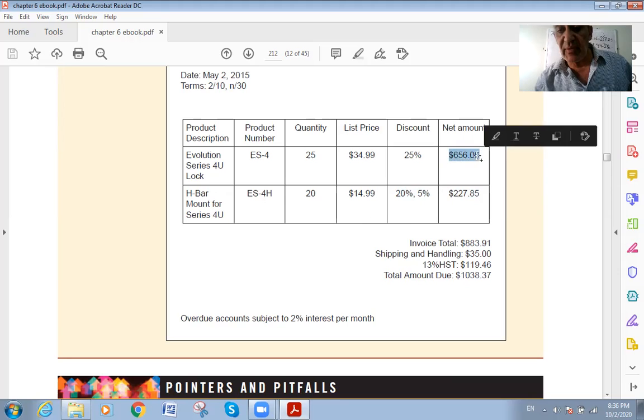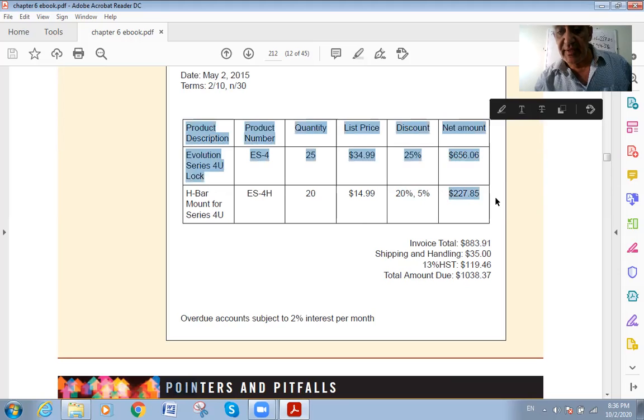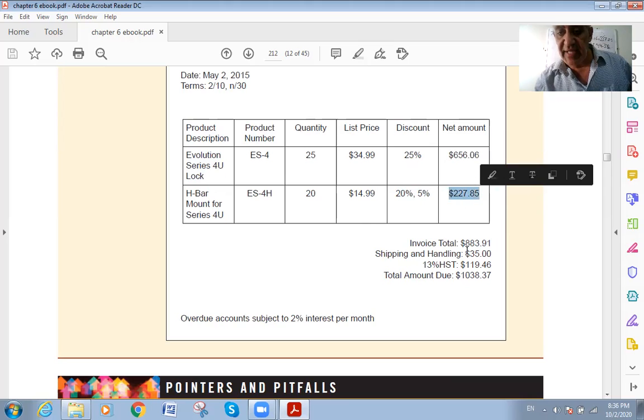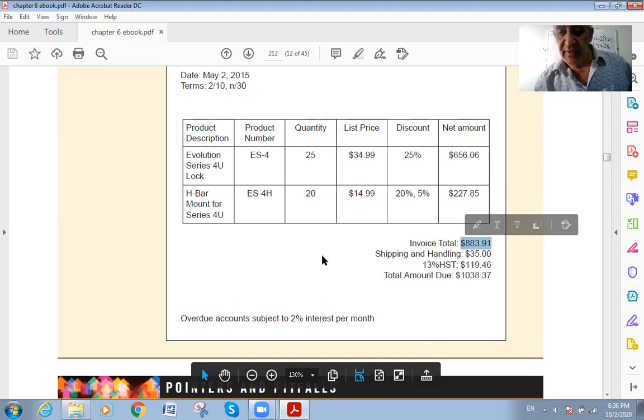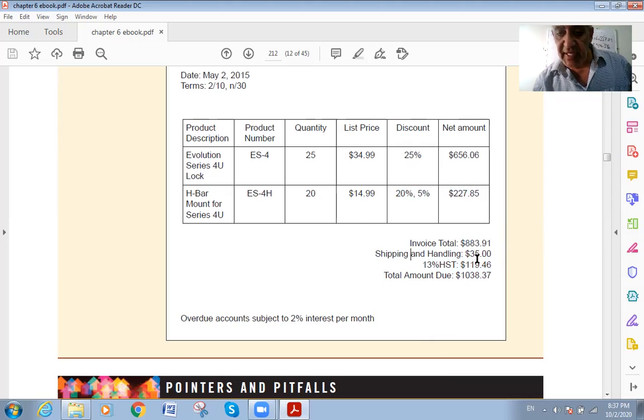I will add both of them together. They will give me this number. Plus, you will add on it 35% of the shipping and handling. Then the total which comes out from them was 991 point something. You will multiply it by 13% for the taxes, the HST. It will give you 119.46.